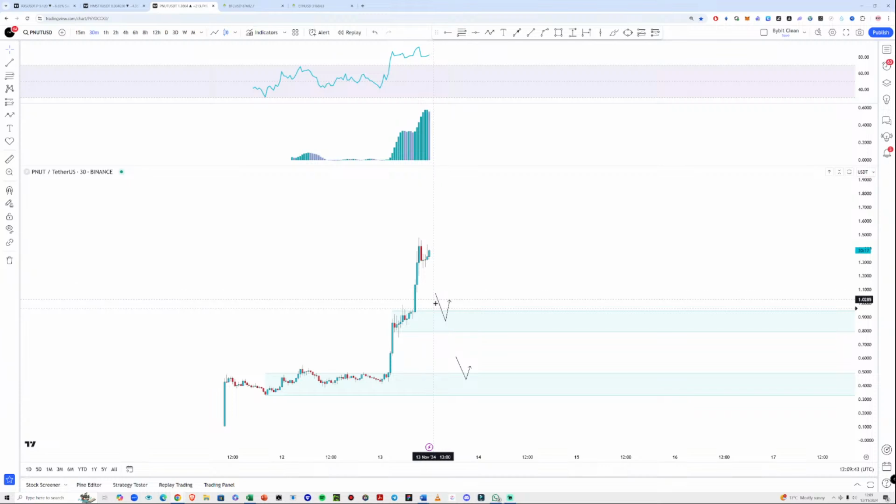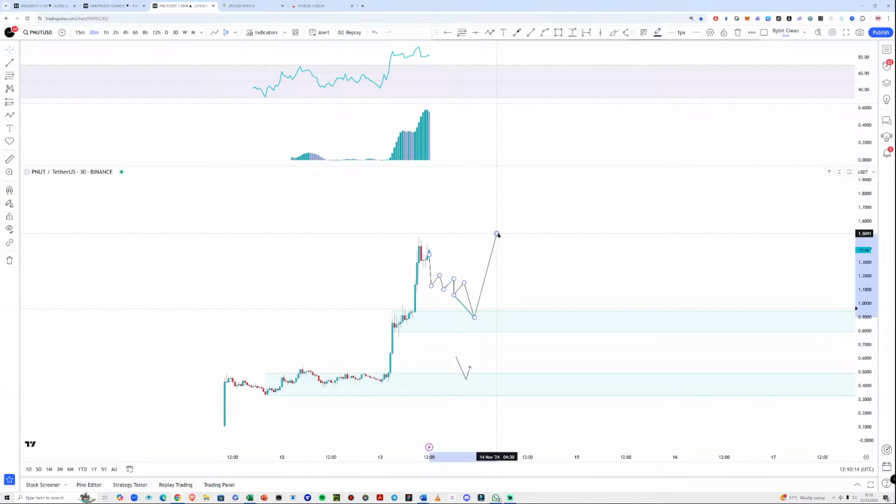If price does come down here, then we're looking for either or both of two things. Either speed into the level, right? So an inefficient move into the level. Or we're looking for a divergence, right? So price to come down, like so. Let's say this last leg is the diverging leg, right?